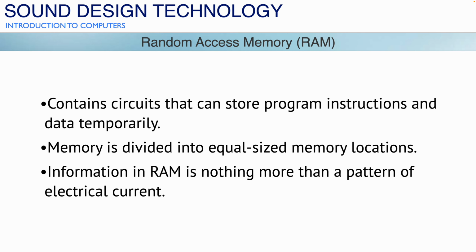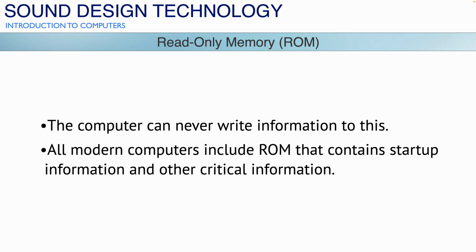I've talked a lot about this already. There's another kind of memory called ROM, which is read-only memory. This is a storage device that the computer can never write information to. It can never save anything to this location. It can only read from it.